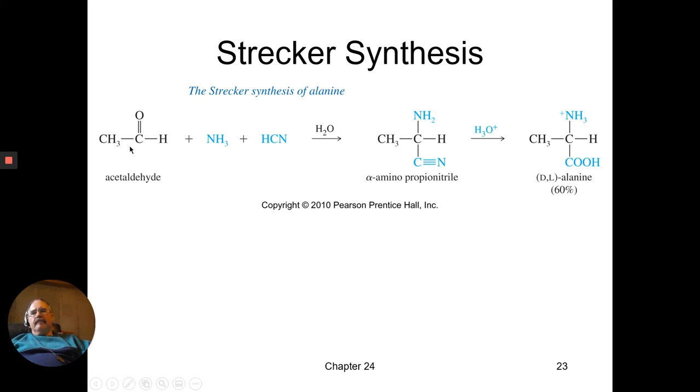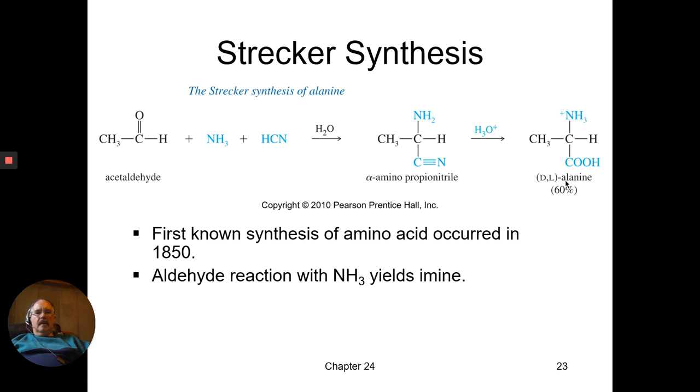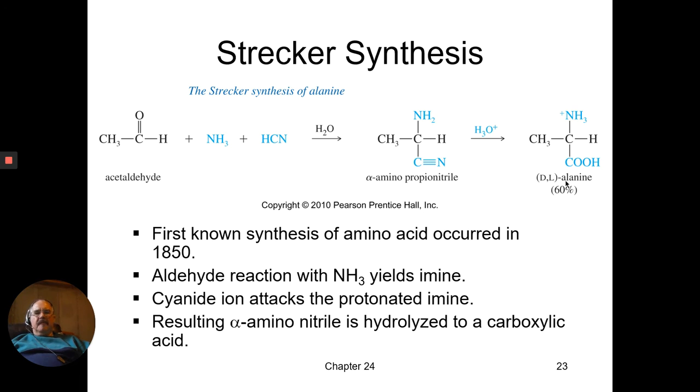Okay, so we start with acetaldehyde, and with ammonia and HCN, we produce an aminopropionitrile. Hydrolyzing this, we get a racemic mixture of alanine. Okay, so this goes back to about 1850.